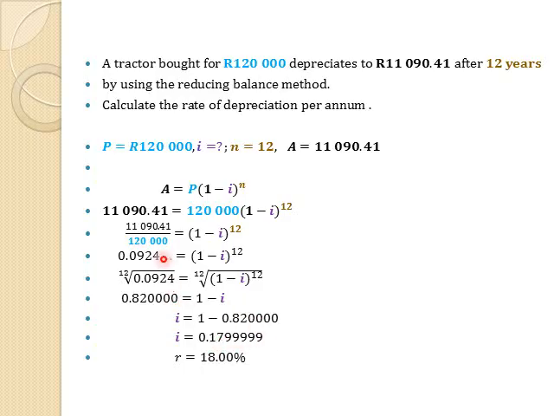Take note, I haven't rounded off any of these values. If I multiply by 100 to get the rate, it will give me 17,999. The 9 makes the 199, so therefore technically it becomes 18%.